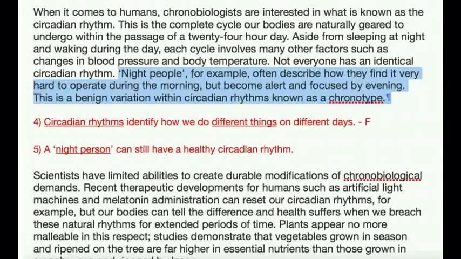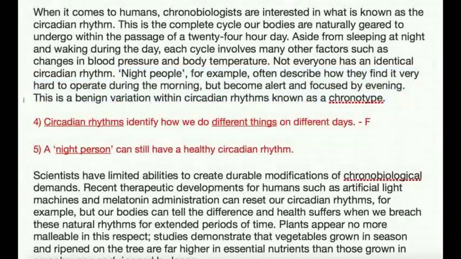Now, it could be tempting to put not given, because that tells us about a morning person or an evening person, somebody who can work better in the evening or better in the morning, but that doesn't tell us whether they have a healthy circadian rhythm or not. So it could be tempting to put not given.